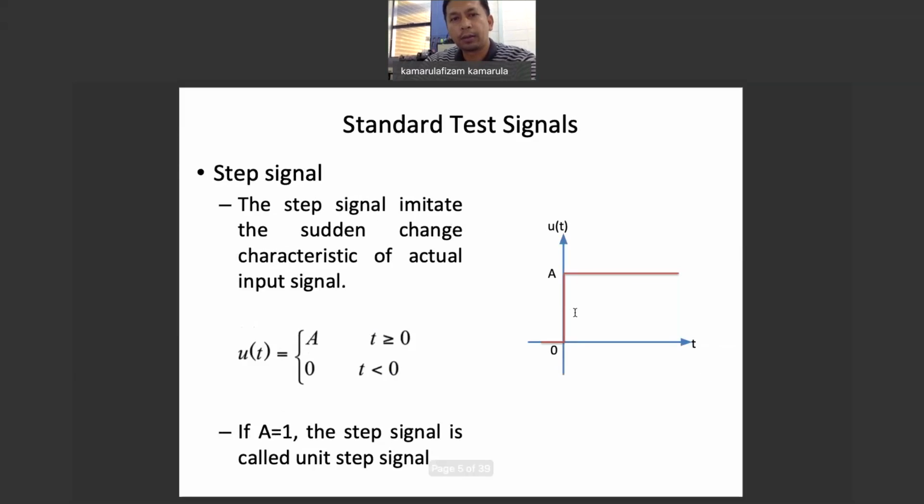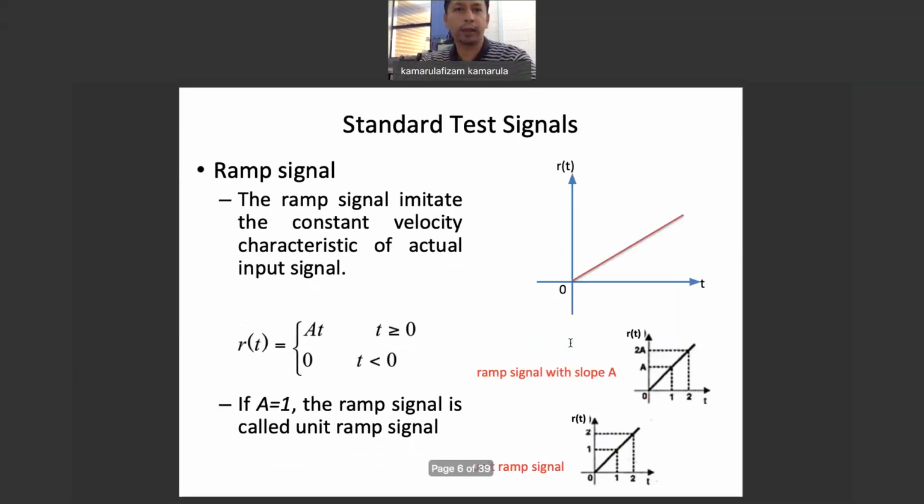For the step signal, we observe the change of amplitude, like a step function, when t is equal to 0. Then we have the ramp signal. The ramp signal imitates constant velocity. We have the amplitude of A corresponding with the time for t equal to or more than 0.